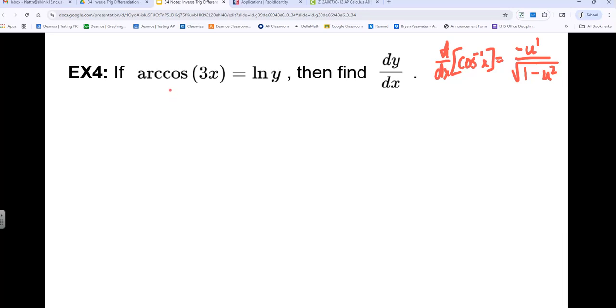So for this part, u would be 3x. U prime is just 3. So when I take the derivative over here, I will get negative 3 over the square root of 1 minus 3x squared. And that has an x in it, so you don't need a dy dx there.